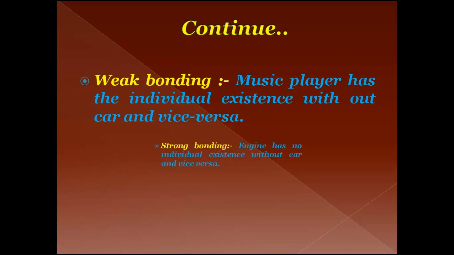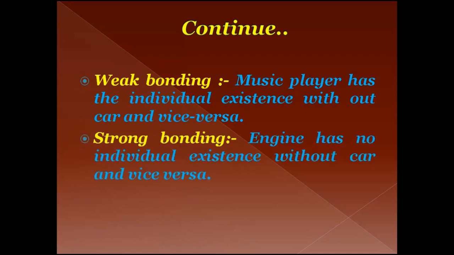Strong bonding means the engine has no individual existence without the car, and the car has no individual existence without the engine, because without an engine the car cannot run. One depends upon the other. So this is the strong bonding, which is called composition.